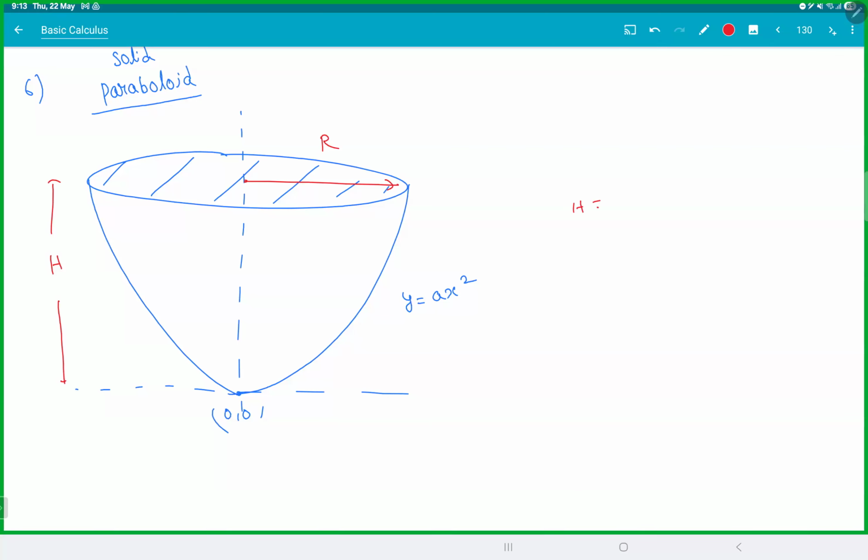So if I take h is equal to a into r square, a is h by r square. So the equation is y is equal to h by r square into x square. This is the equation of this curve, everyone. So find the volume of this paraboloid.